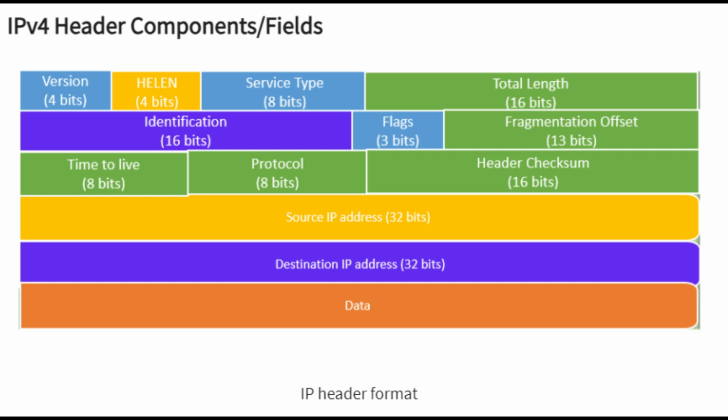Additionally, it may include fields for packet fragmentation, time to live or TTL, type of service or TOS, and checksum for error detection. The IP header serves as the envelope for the data packet, providing the necessary addressing and control information for successful transmission and delivery over the Internet.